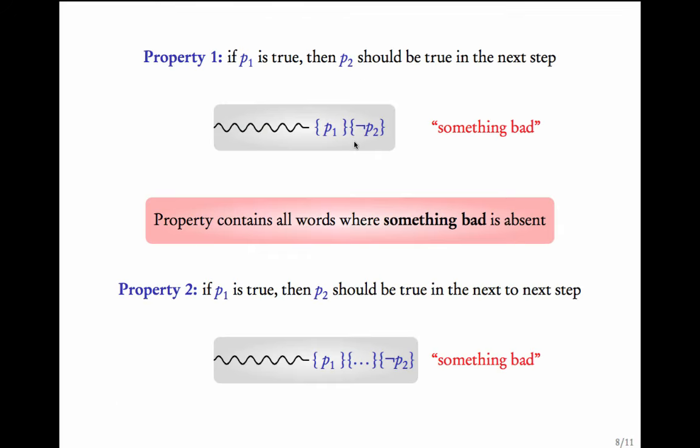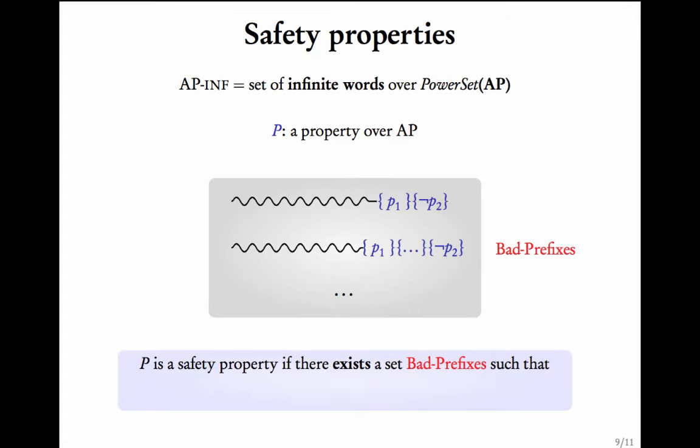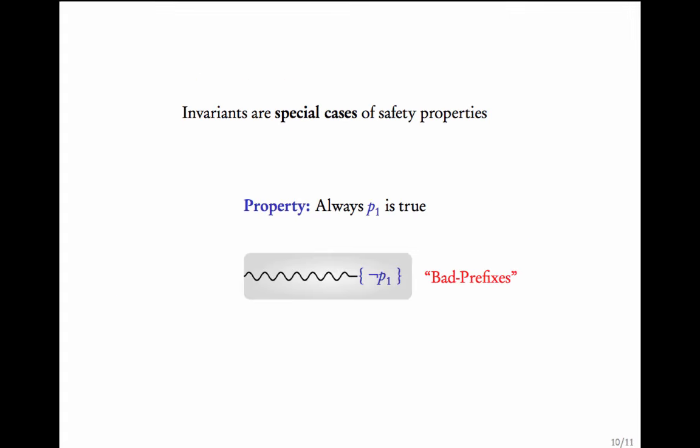These are not invariants because here you need to have an idea about the following step. In particular, remember that we said invariance can be checked by looking at just the reachable states. In the case of safety, this is not enough. We will see how safety properties are checked later during the course.